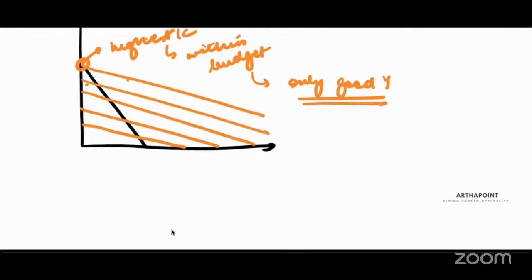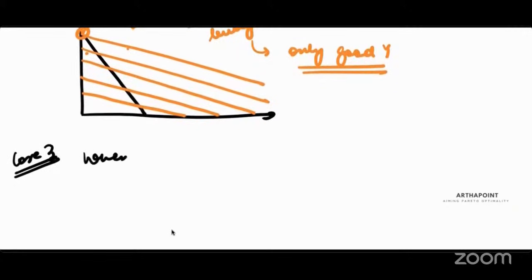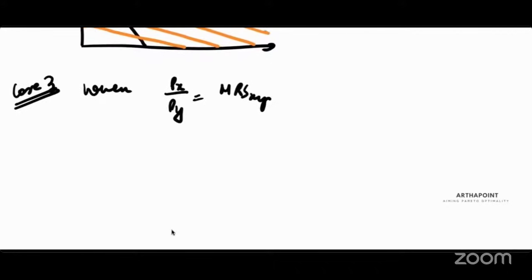Now let's take case 3. Case 3 is what happens when Px by Py is equal to MRS XY. If they have the same slope, then they are the same line. So this is my budget line.